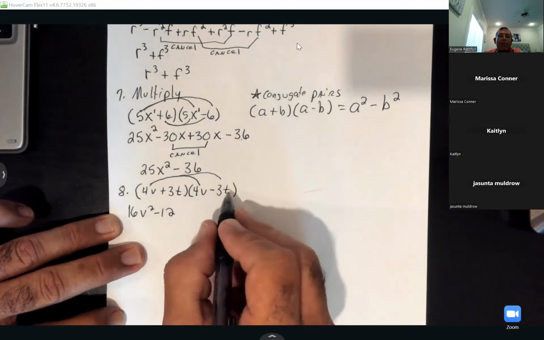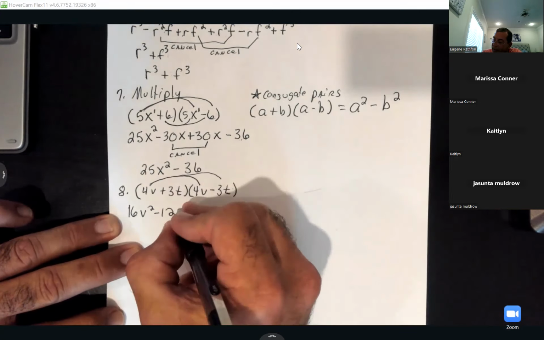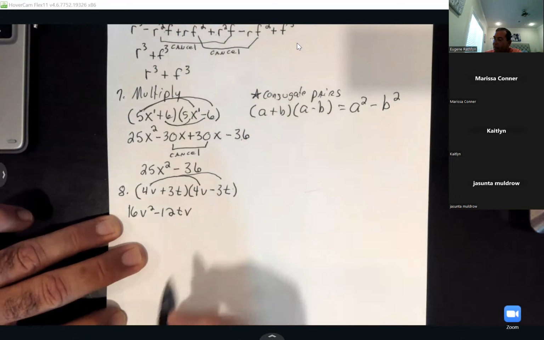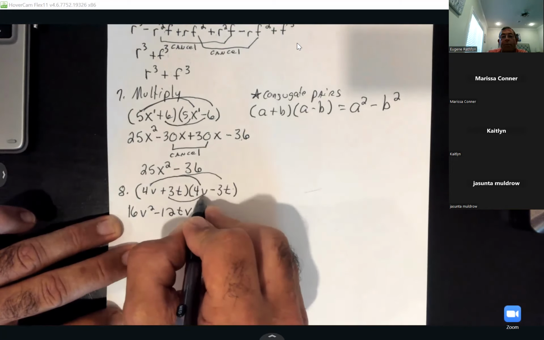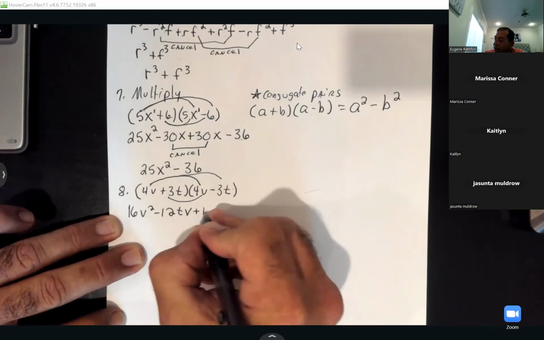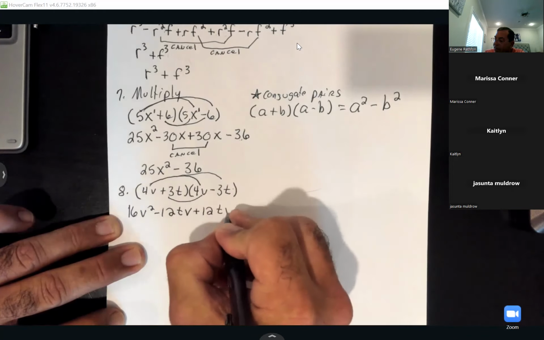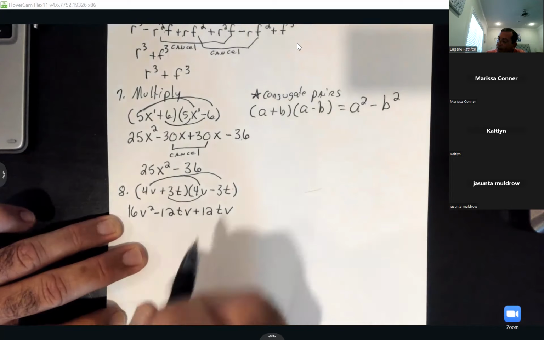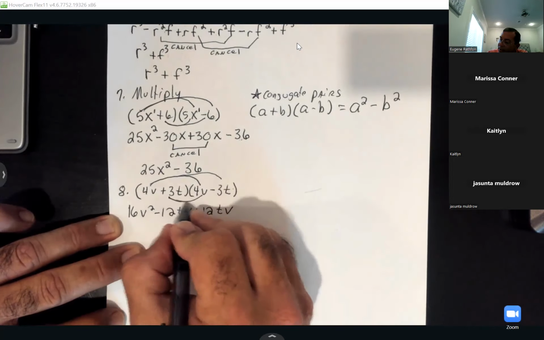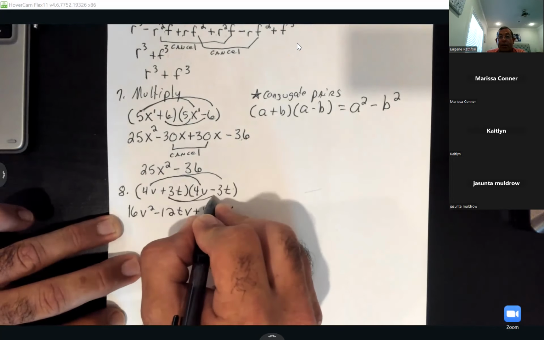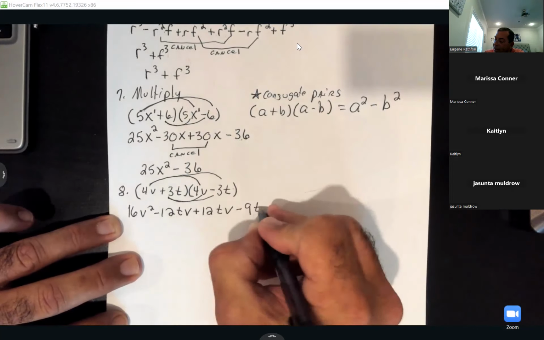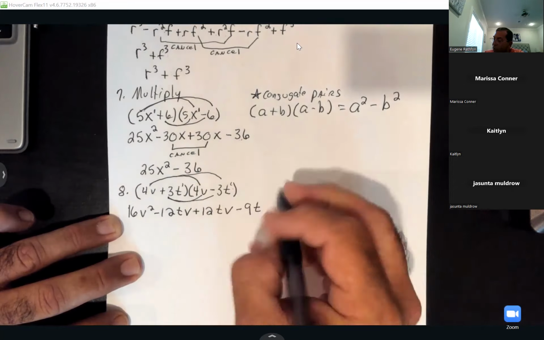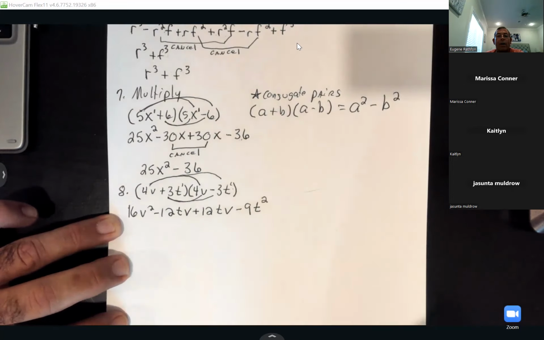And I'm going to put mine in alphabetical order and make that a tv. In the middle, 3t times 4v is a positive 12 tv. And then y'all finally, the 3t times negative 3t is a negative 9t, 1 plus 1 makes that a t squared.